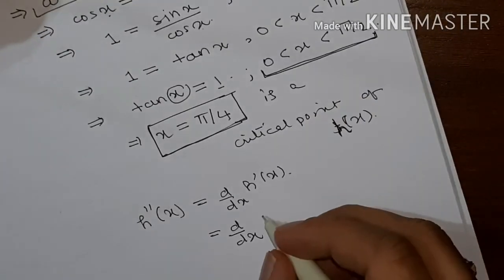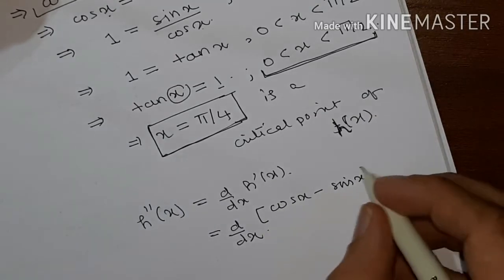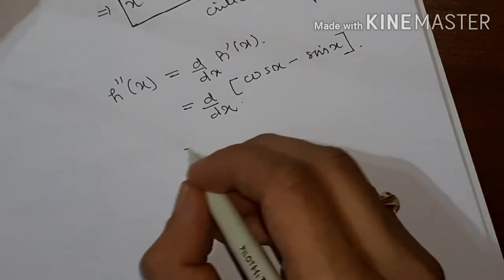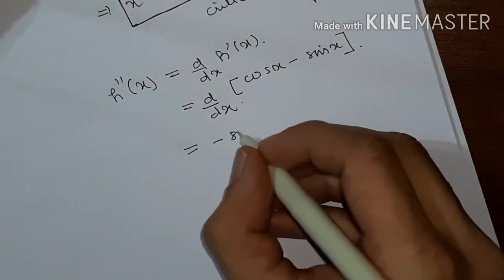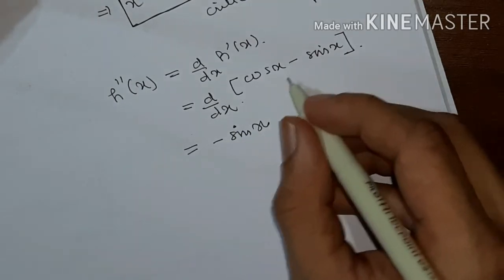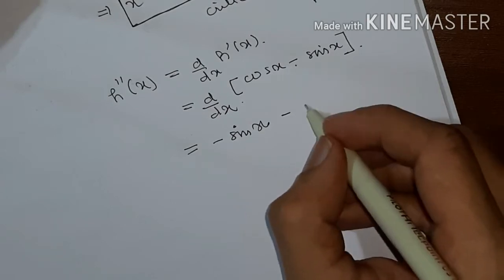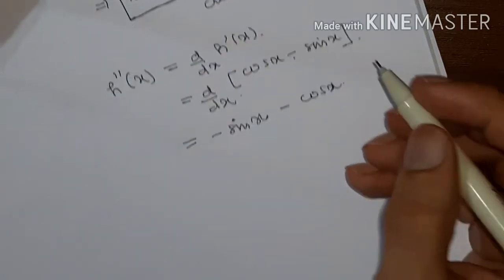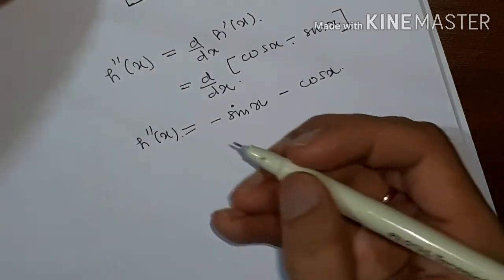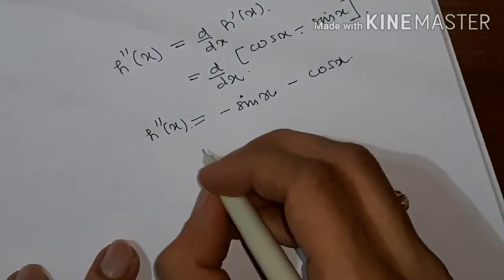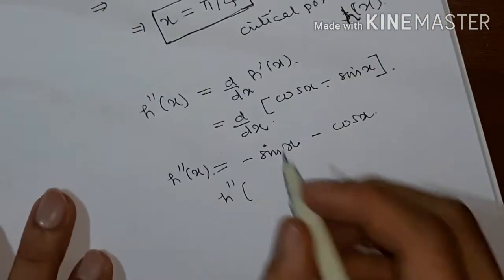The derivative of cos x is minus sin x, and the derivative of minus sin x is minus cos x. So this is the double derivative of h. Now you substitute the critical point in the double derivative.